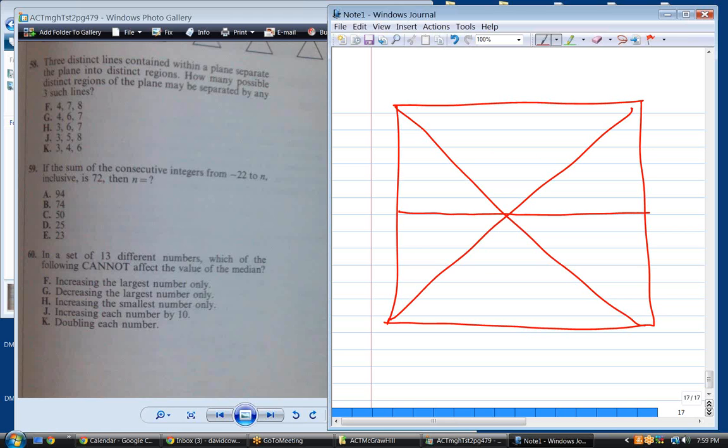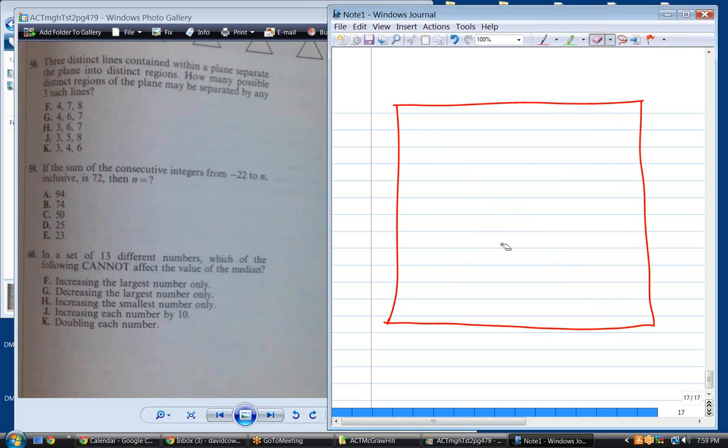I'm confused. Why do they give us 3 numbers? How many possible distinct regions of the plane may be separated by any? I guess that's 3 possible configurations.